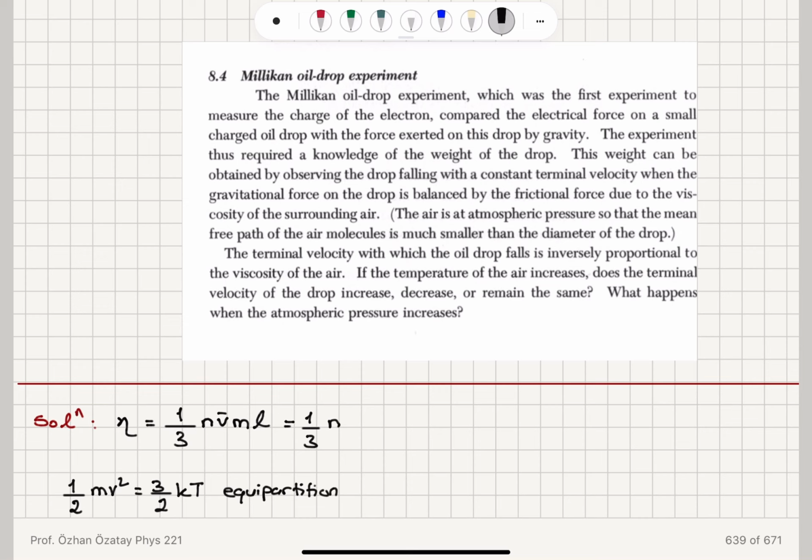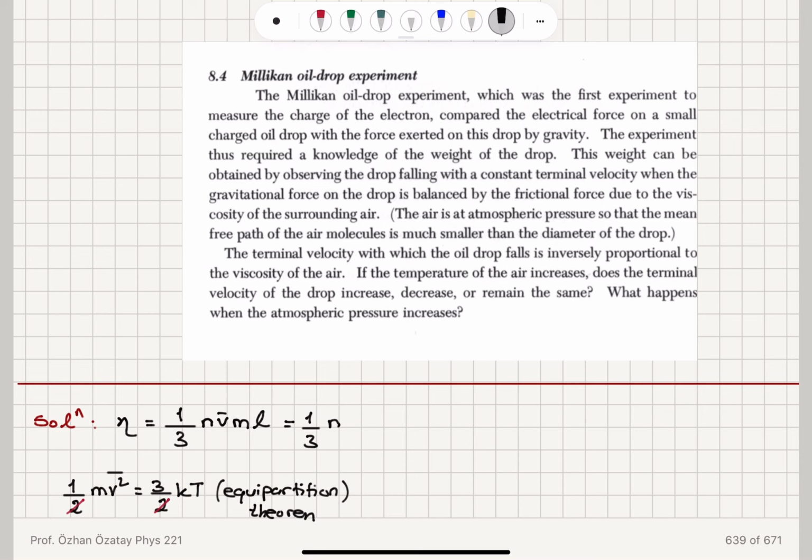When we take the average value of these two sides, V square bar, this is basically 1/2 m v square bar, is equal to 3 over 2 kT according to the equipartition theorem.